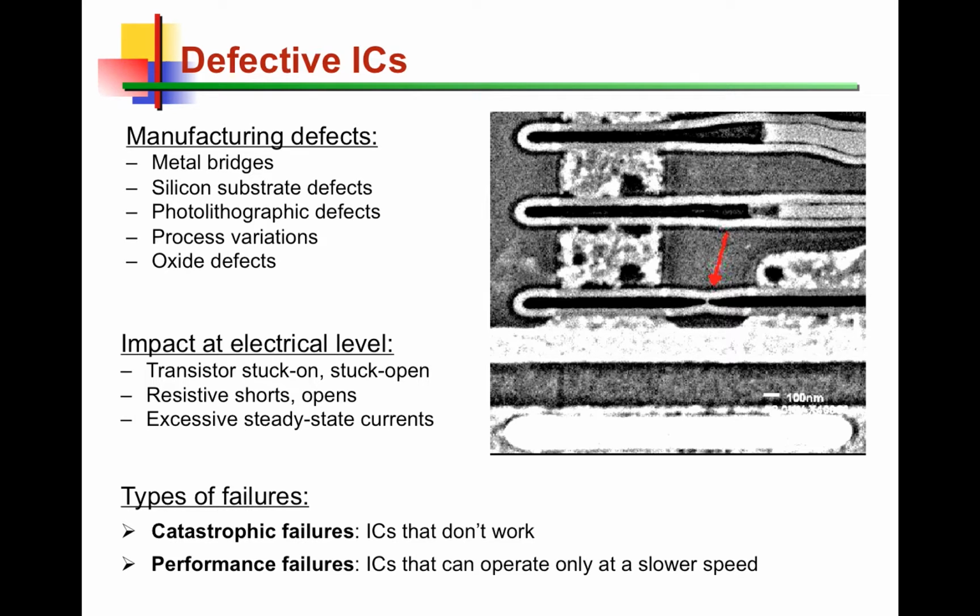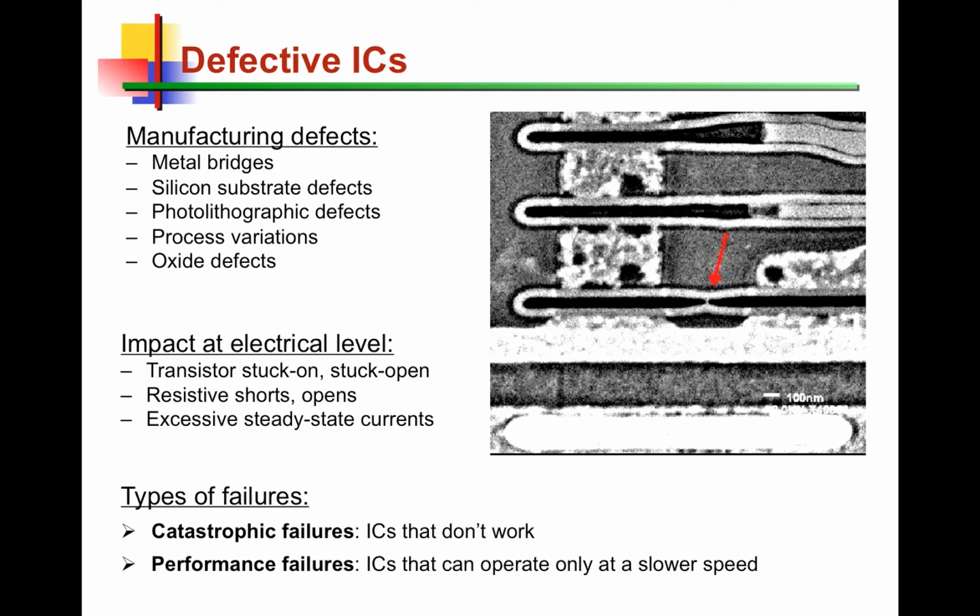At the physical level, we could be talking about bridging kinds of defects. We can talk about a dust particle on a mask creating photolithographic defects. We can talk about alignment issues and defects resulting from these issues. So defects are a natural end result of the manufacturing process being imperfect.